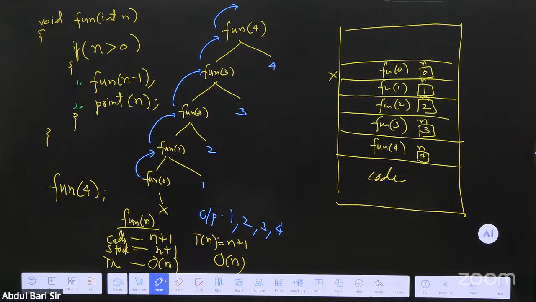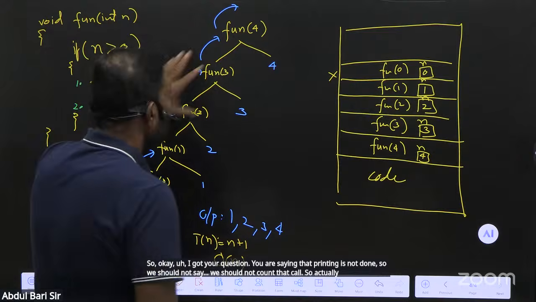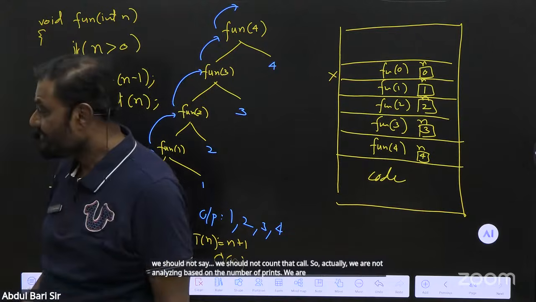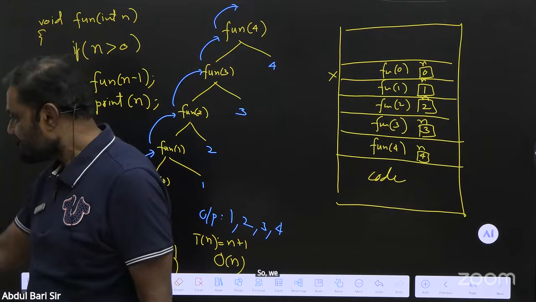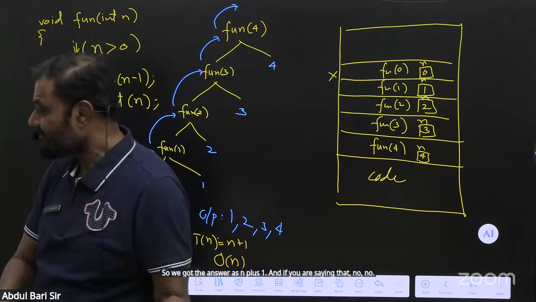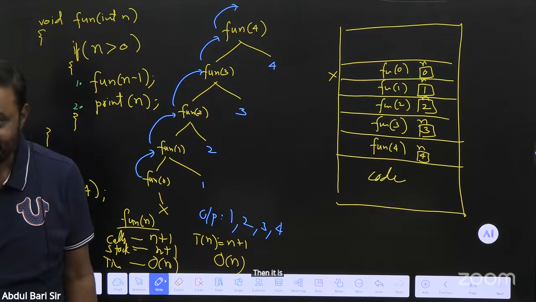Okay, I got your question. You are saying that printing is not done, so we should not count that call. But we are not analyzing based on the number of prints. We are analyzing based on the number of calls. So we got the answer as n plus 1. If you say we will count based on the number of prints, then it is just n.